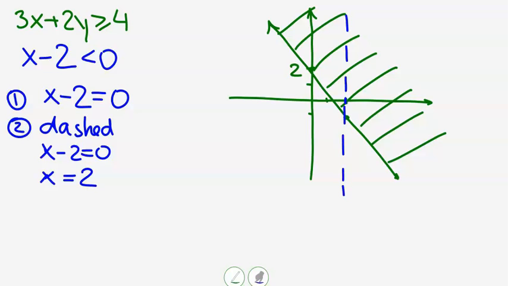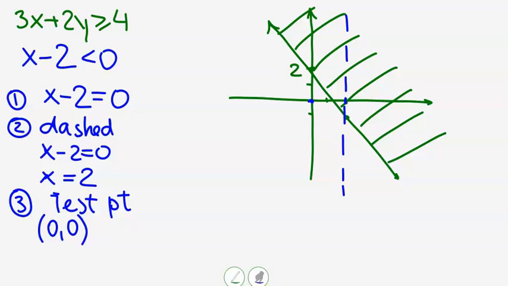Now, again, we need to determine which way we will go from that line, to the right or to the left. So what can we do? What can be a test point? 0, 0. Yeah, we can take 0, 0 because 0, 0 is again not on our line. So we're using 0, 0 as a test point, and we substitute 0, 0 in our original inequality.